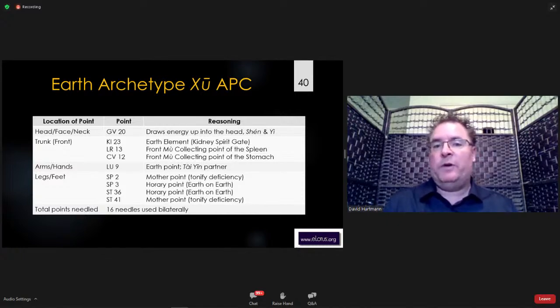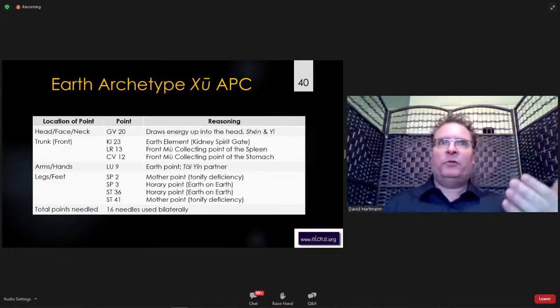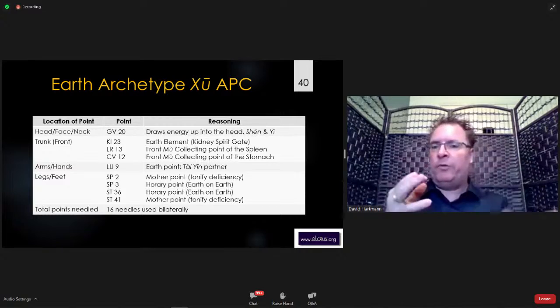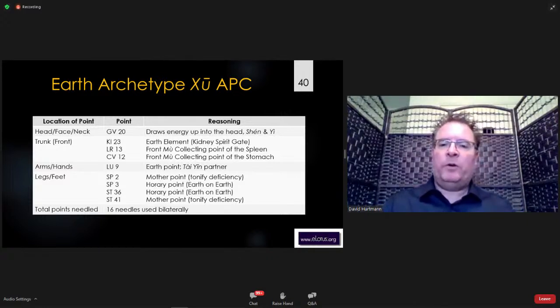I could do back shu points. You could swing them around and do back shu points for deficiencies and front mu points for excesses. In my opinion, I consider front mu, back shu, yuan source as treating whatever's wrong with the organ and its associated archetype. I'll leave lung 9 for a minute. We still have the orrery points because they do anything wrong with the Earth.